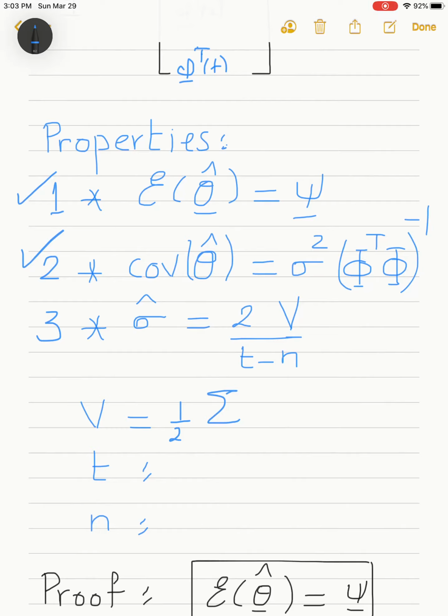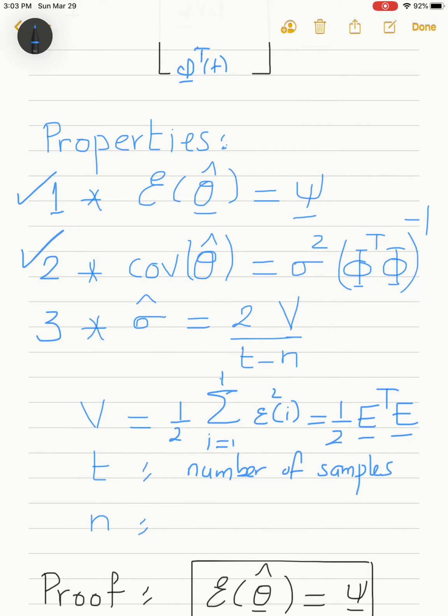So if we call the error epsilon, square from 1 to t, this is E transpose times E, the vector E, which is composed of the errors in each measurement. t is the number of samples, and n is the number of parameters to be estimated.